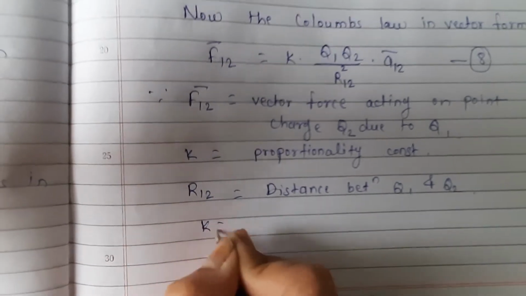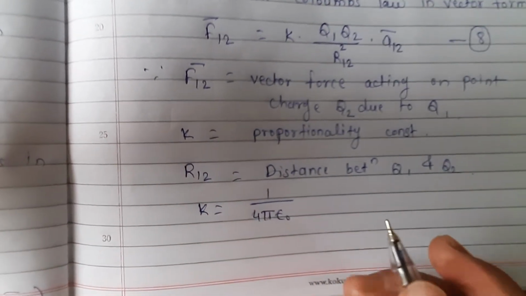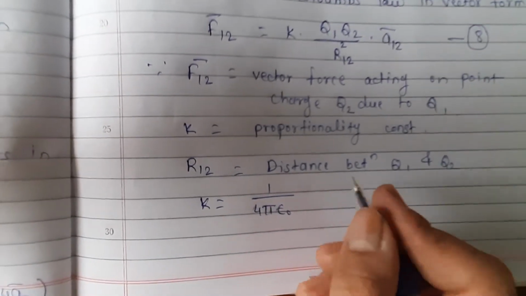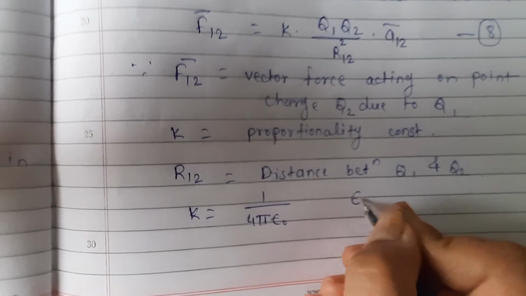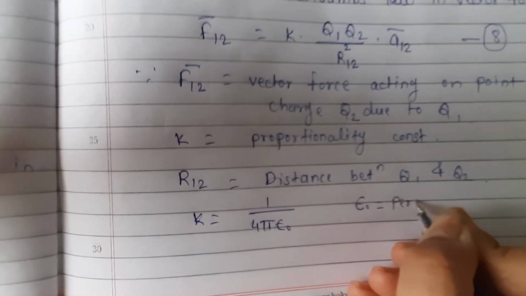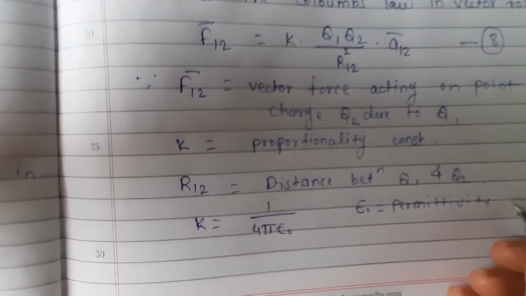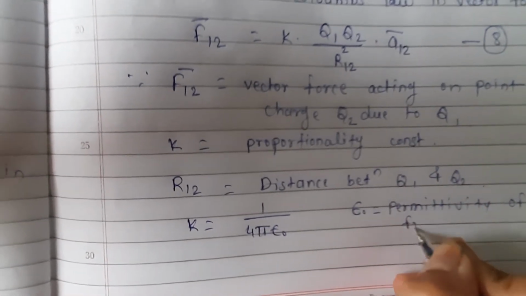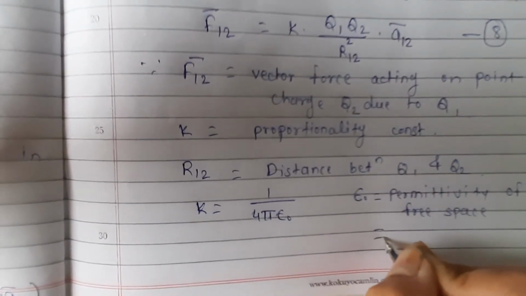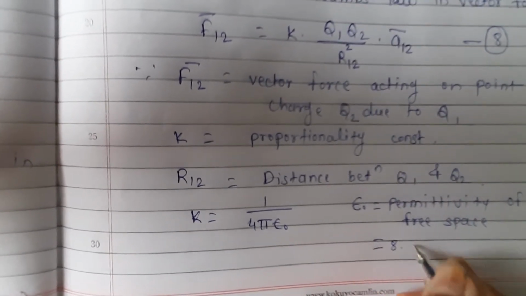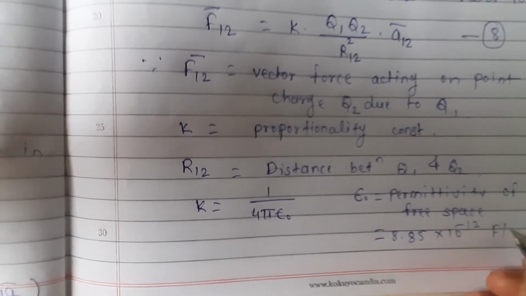K is 1 by 4 pi epsilon 0, where epsilon 0 is the permittivity of free space, and its value is 8.85 into 10 raised to minus 12 farad per meter.